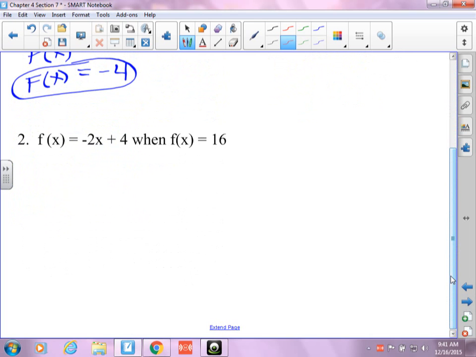Now, you're going to notice that with this, it says f of x equals 16. See that? So I'm going to circle this, and I'm going to put this in for that. See the difference? So I'm going to go 16 equals negative 2x plus 4.